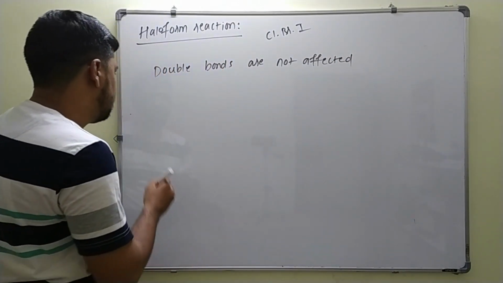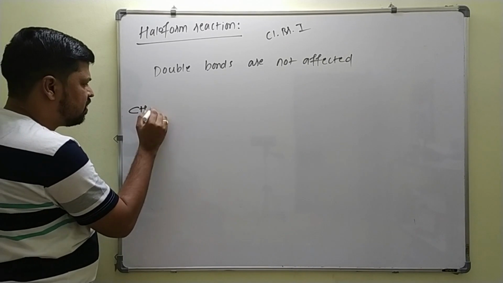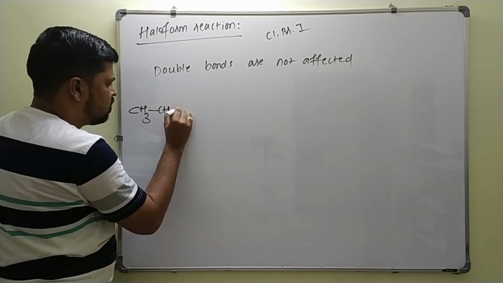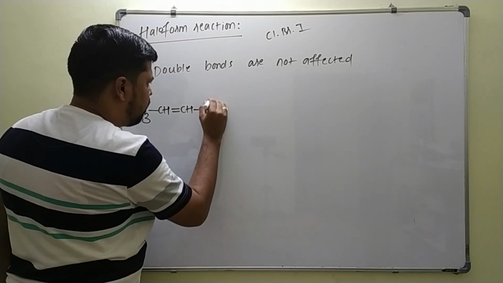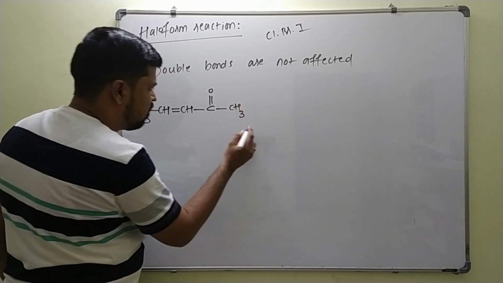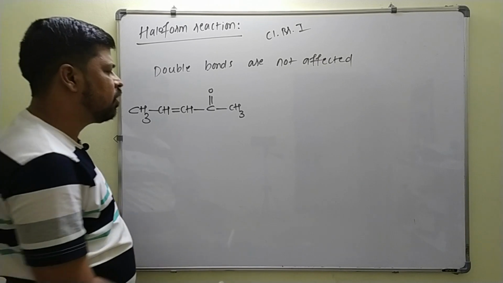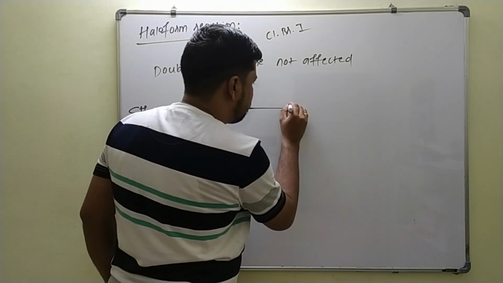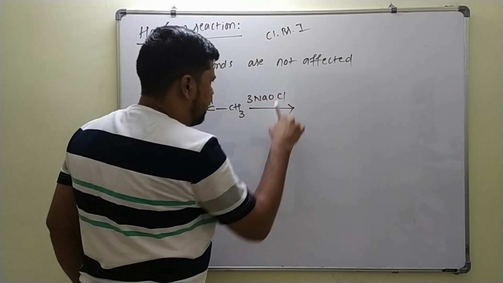Okay, if I take an example here, that is CH3 CH double bond CH C double bond O CH3, this is a ketone which is having a methyl group connected to the carbonyl group. It will undergo haloform reaction by treating with 3 moles of sodium hypochlorite.